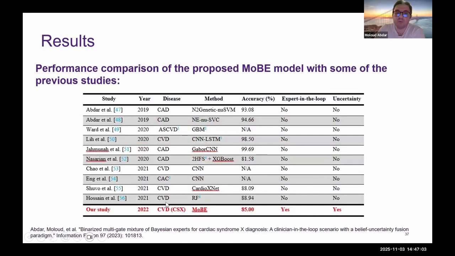One good point about this is, to be honest, we asked clinicians to do predictions, and our model could do almost as well, even better than humans in terms of prediction with higher confidence.